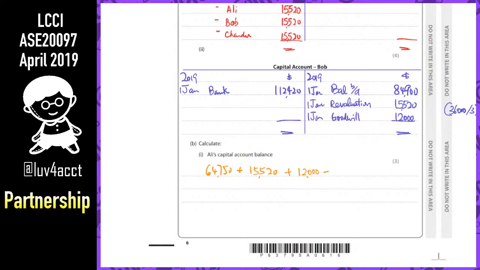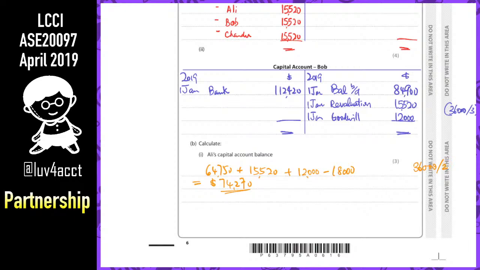But then later we have to write off goodwill, 36,000 divided by 2 this time, so it is 18,000. So it will be 74,270.